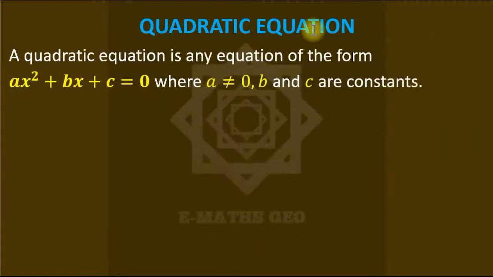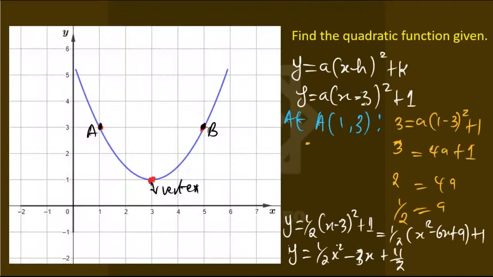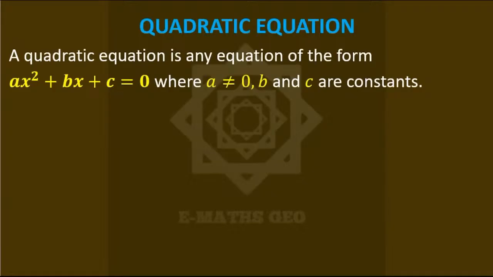Now look at the quadratic equation. A quadratic equation is any equation of the form ax squared plus bx plus c equals 0. When we expand the function, the right hand side will be in the form y equals ax squared plus bx plus a final constant c. That's why I say the general quadratic function.